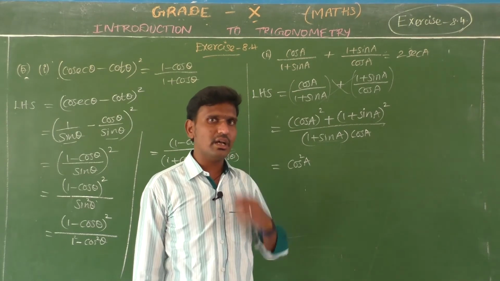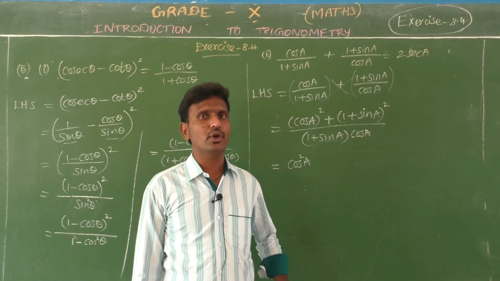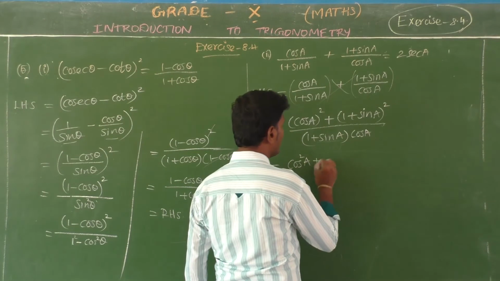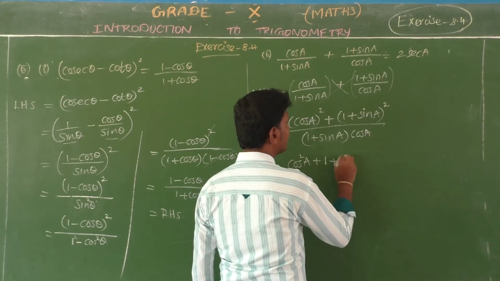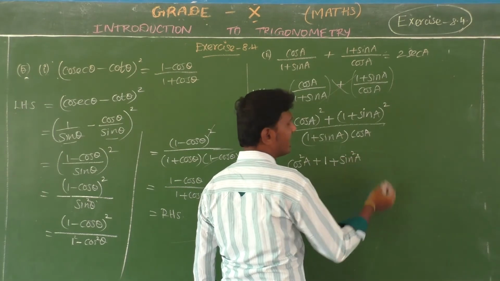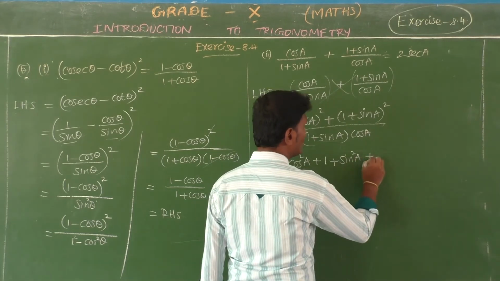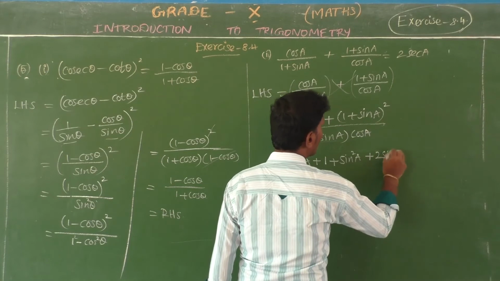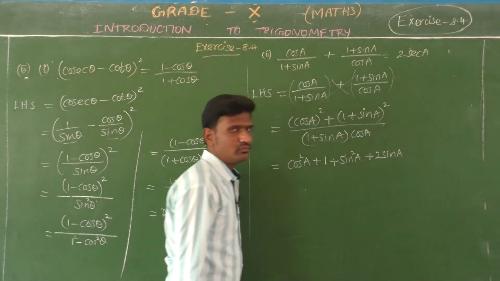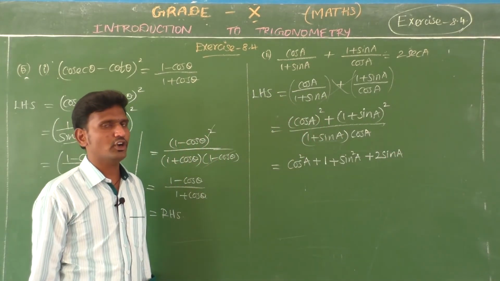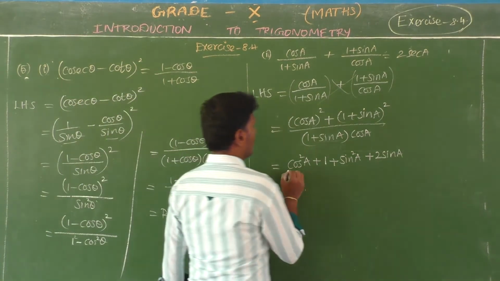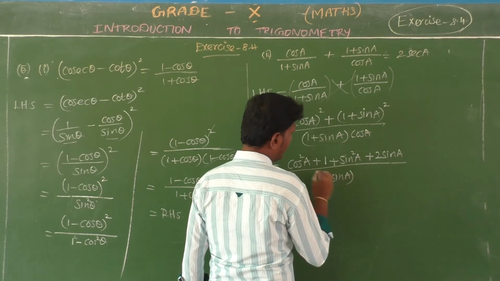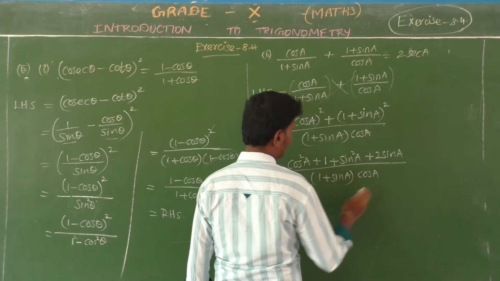Do you know the formula? (A plus B) the whole square equals A square plus B square plus 2AB. So here A square is 1 square, which is 1. Sin A the whole square means sin square A. Plus 2AB means 2 into 1 into sin A, so you get 2 sin A. Got it, children? The whole divided by (1 plus sin A) into cos A.